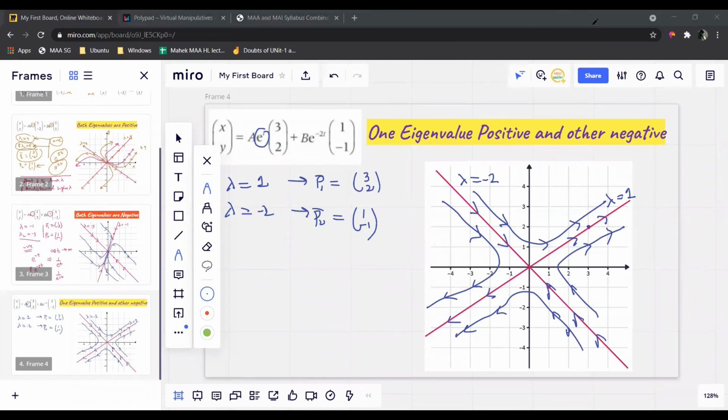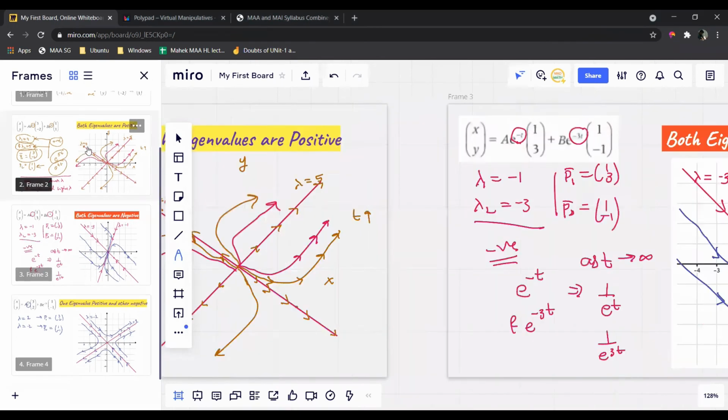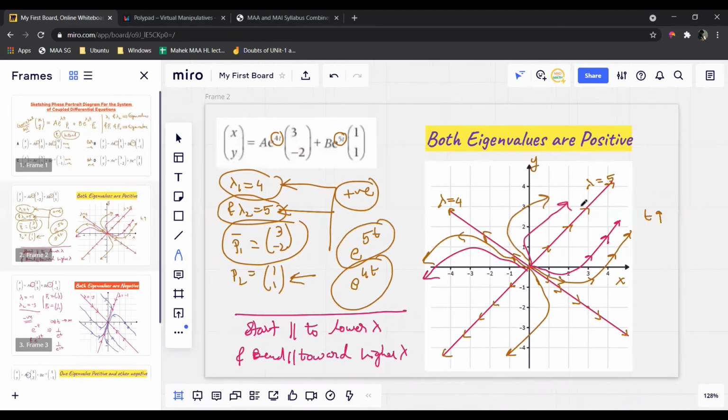That's it. Okay, so I hope this helps you in drawing the phase portrait diagram. I'll revise it again. We first draw the eigenvectors. We draw the eigenvectors first. Look at this, and we label them with the eigenvalues. This is very important, labeling them with the eigenvalues. If positive eigenvalues are there, it means the system solutions move outside the origin.